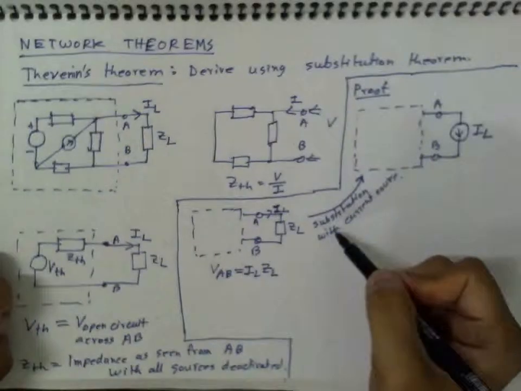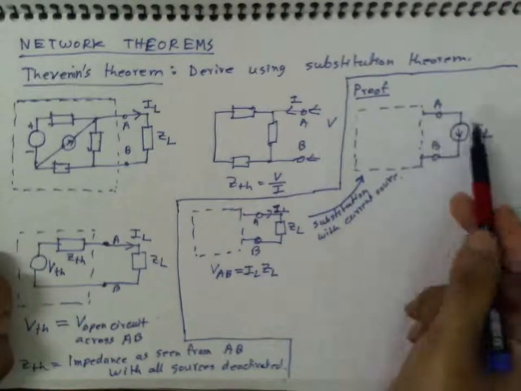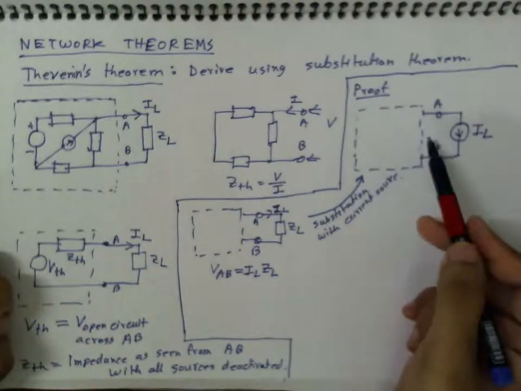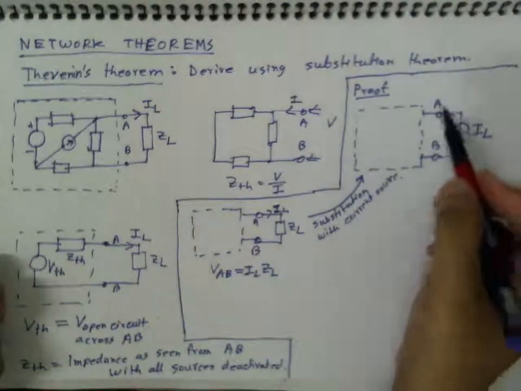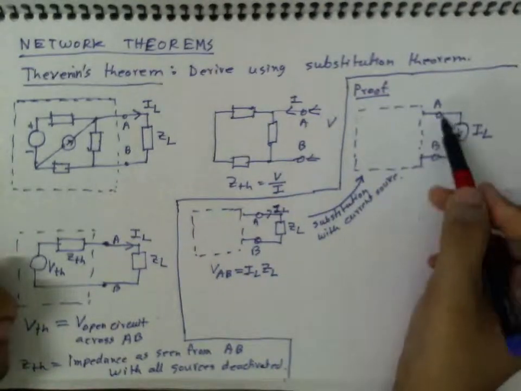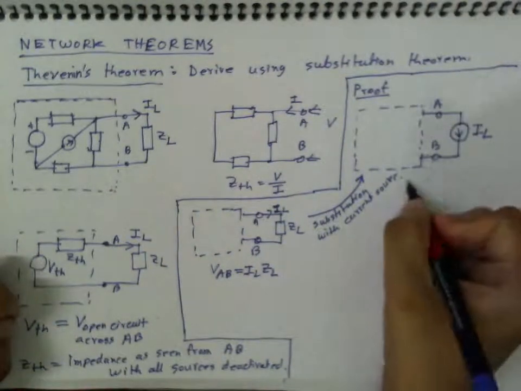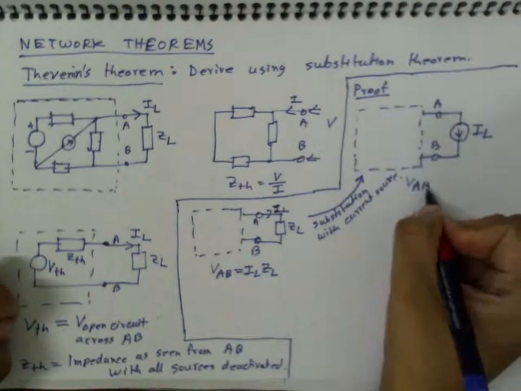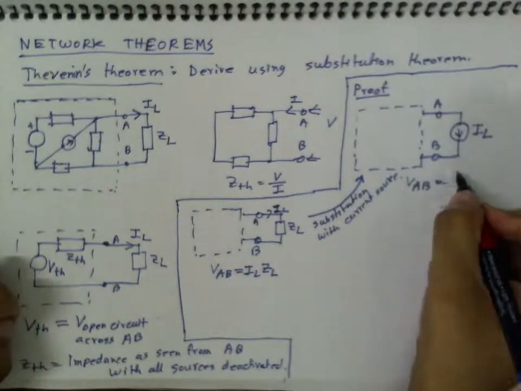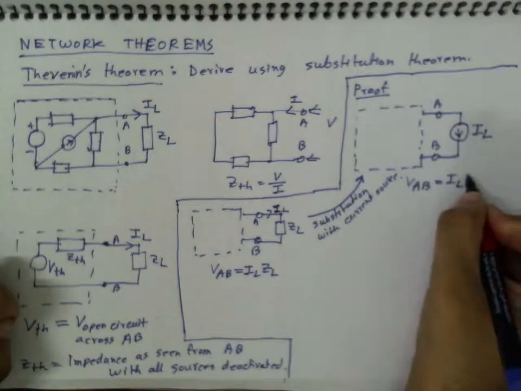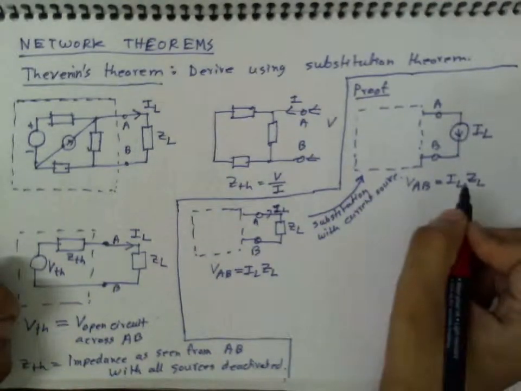Since the substitution theorem says that in the substituted circuit the solution should remain the same, the voltage across A and B here as well should remain equal to IL ZL, right?